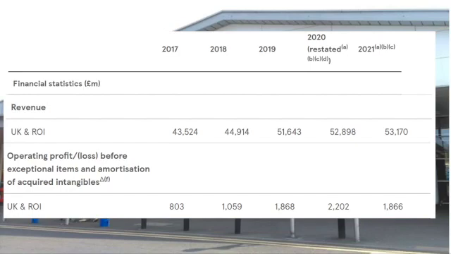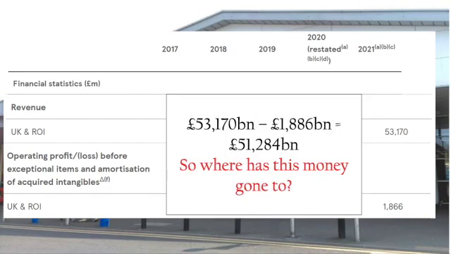If revenue is the income from selling all their goods and services, we need to consider, well, what is profit then? If we subtracted the two of them, so 53,170 million minus 1,886 million, then what we would get is 51,284 million. Now, what we need to think about is, well, where's this money gone to? It must be somewhere, and that is the total costs, because that's what profit considers.